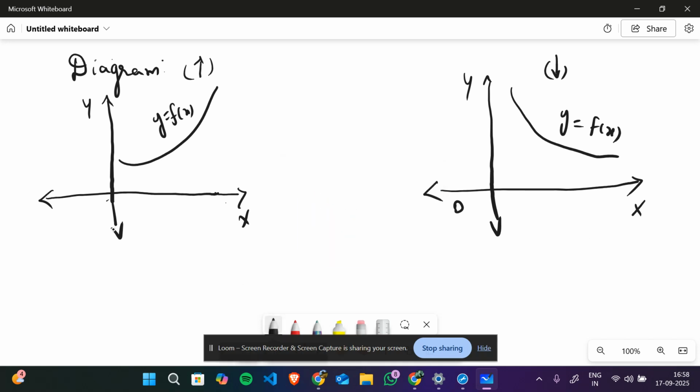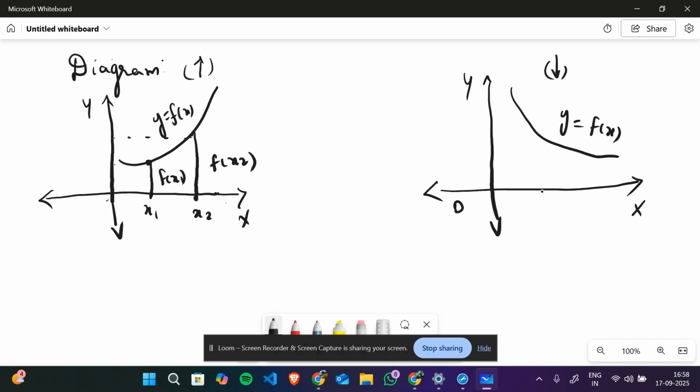Okay. Now let us take 2 points x1 and x2 along the x-axis. So just join x1 and x2 with this curve, and this length will be your f of x1 and this length will be your f of x2.